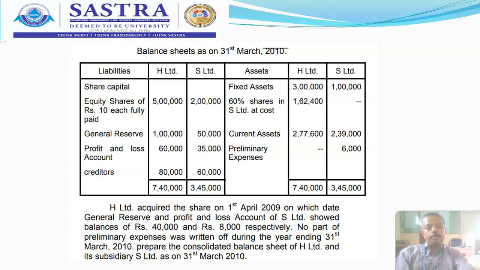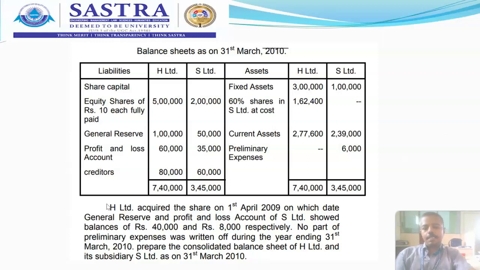Before getting into the sum, we need to go through all the assets and liabilities and understand where to pinpoint our workings. On the asset side, we have fixed assets of rupees 3 lakhs in H Limited and 1 lakh in S Limited. Second, 60% of shares in S Limited at cost, which means investment of H Limited in a subsidiary company.